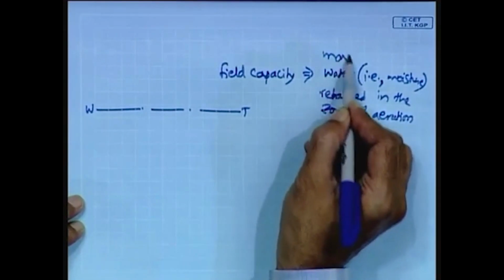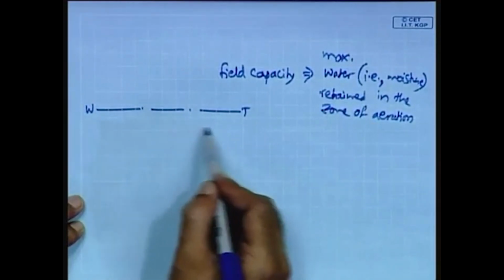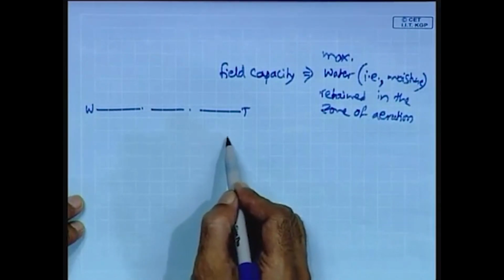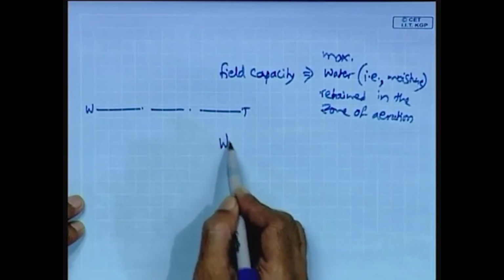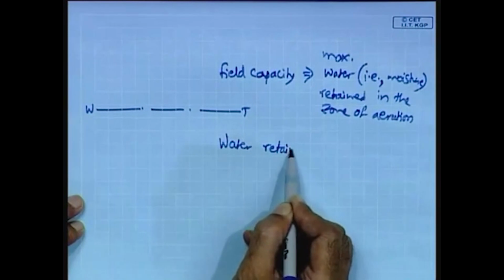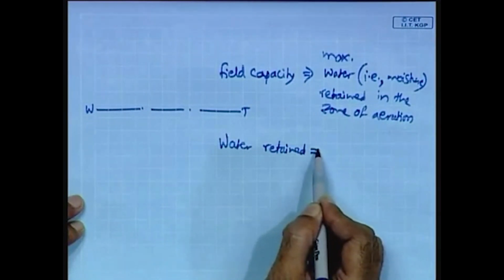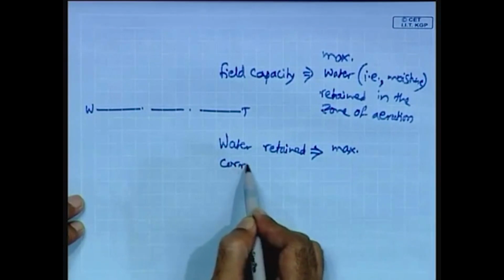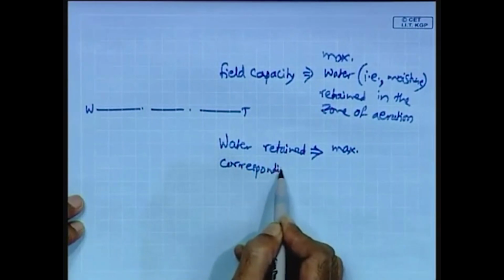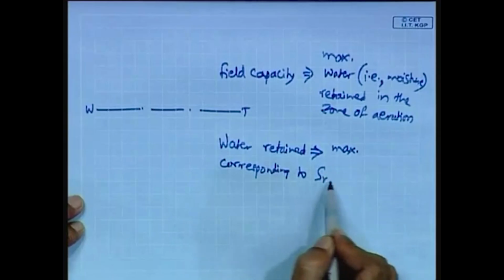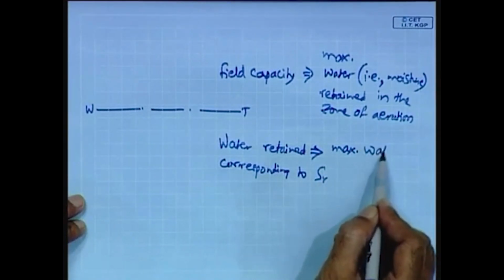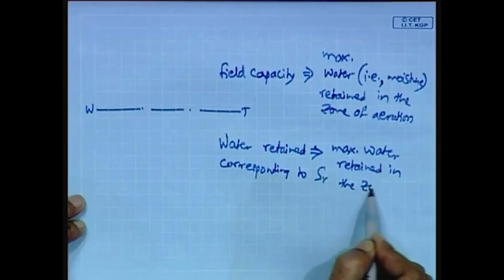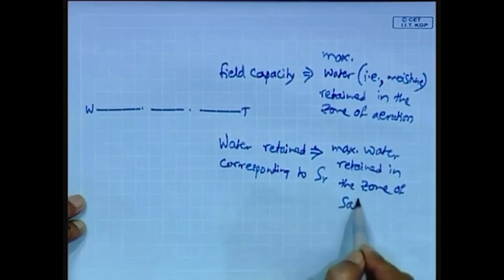Here you can say the maximum water, and below this it is the water retained, corresponding to the specific retention SR, the maximum water retained in the zone of saturation.